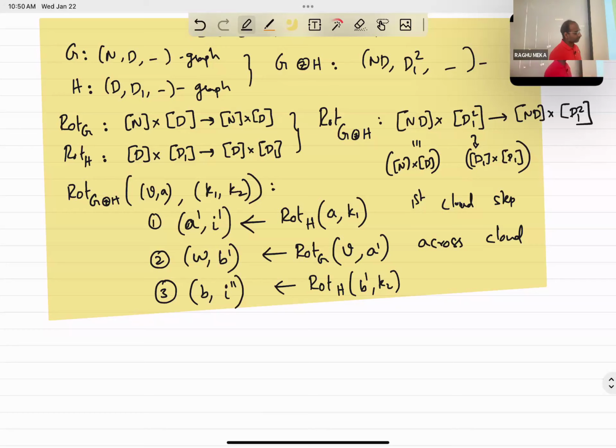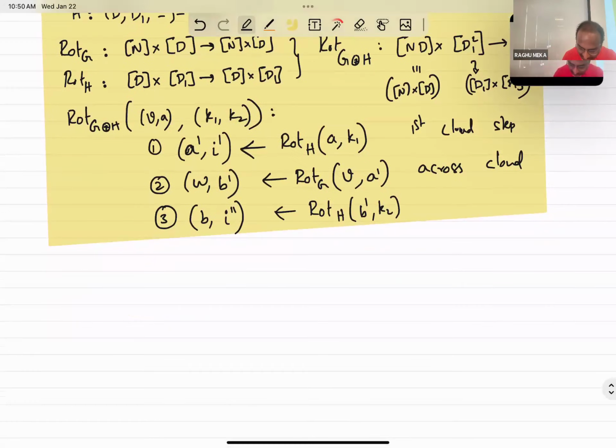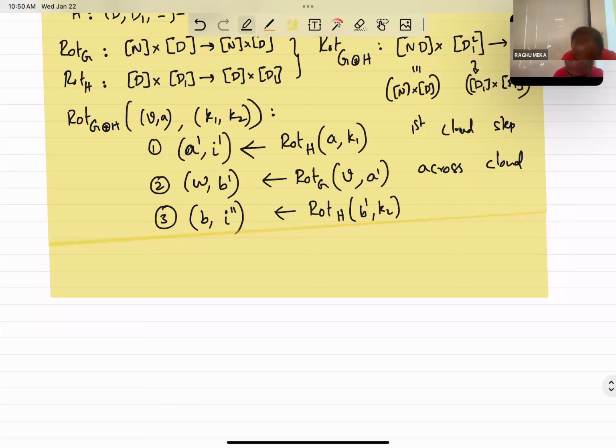So you compute these three things and then you output the vertex that you end up at, (w, b).